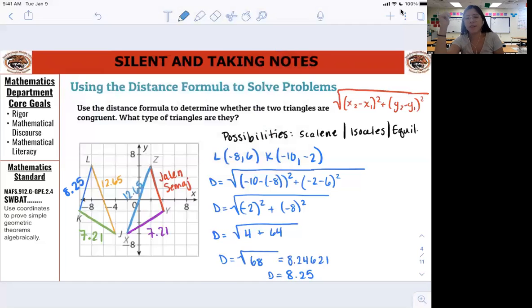Because I'm thinking of a different word, but I think you're on the right track. Okay, I see, yeah, so they're reflected, so it looks like they are congruent. That's what I was looking for. Yeah, looks like it's going to be congruent. All right.